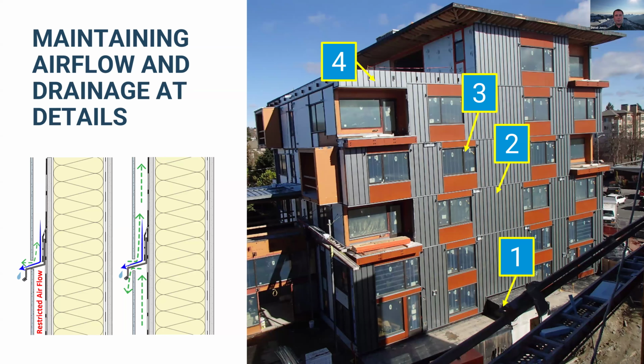Where does the air flow through there? Lots of different ways where we can have these flashings block off airflow if we're not careful. So really important to maintain drainage and ventilation at all these details, not just at the assembly level. We've got to make sure we're looking at all these details to make sure that drainage and ventilation path is maintained. Oh yeah, and then the top of the wall as well, underneath that eyebrow roof thing that sticks out there.